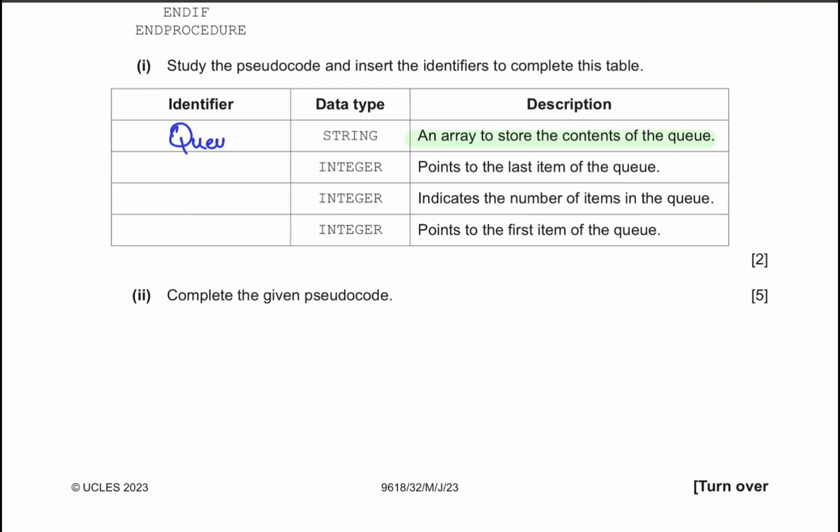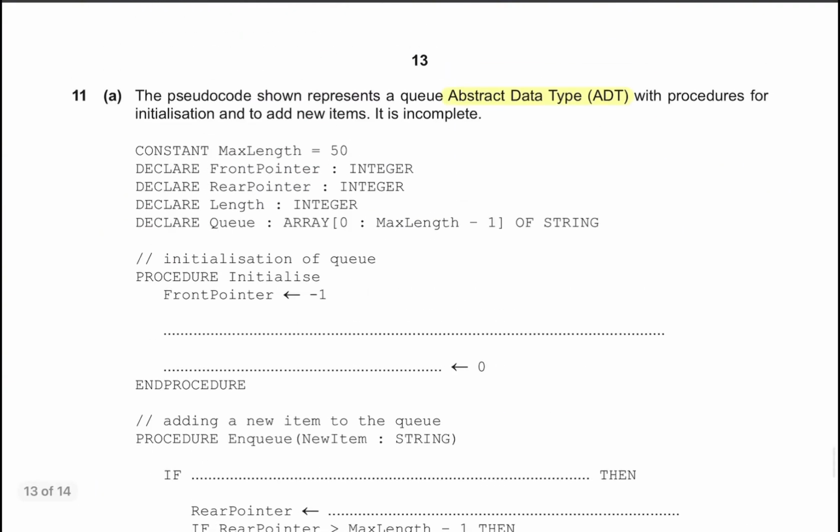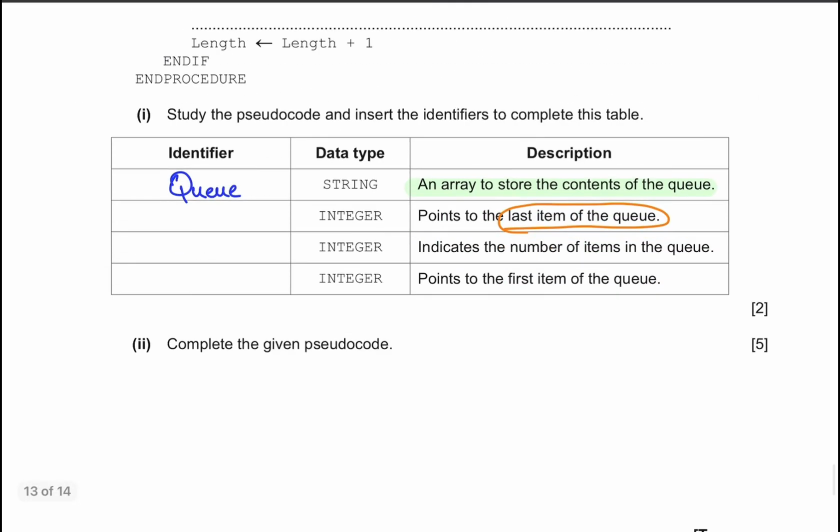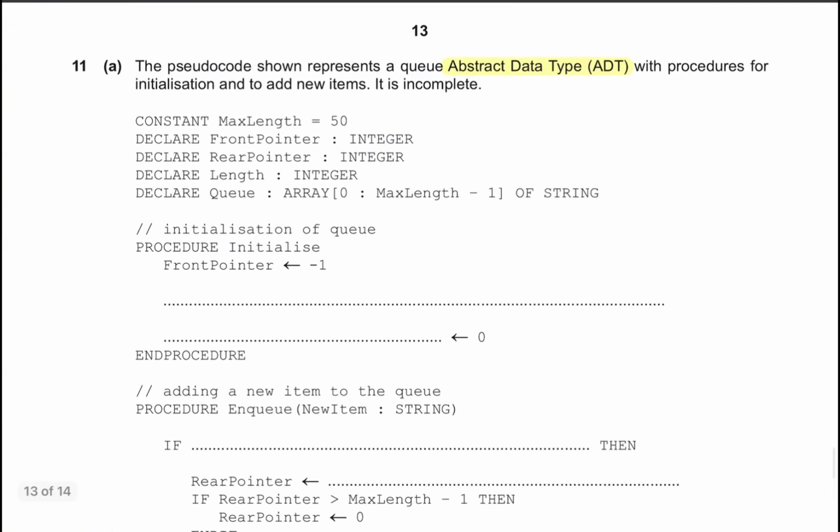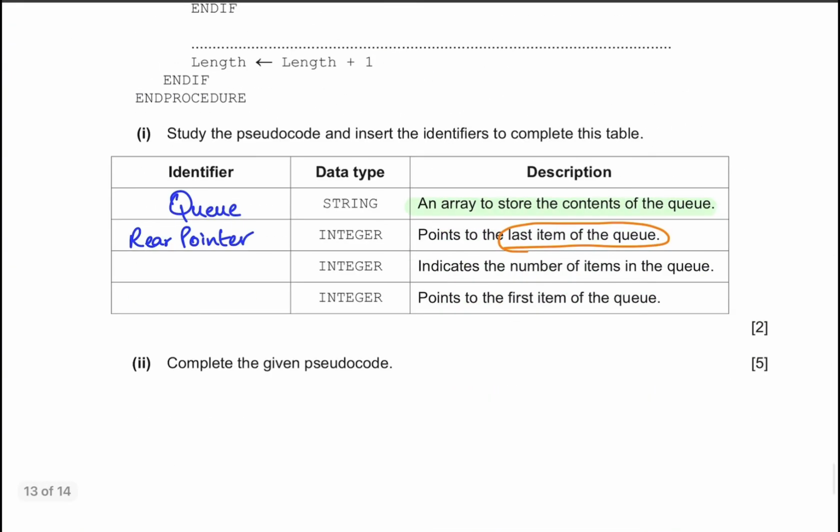This is queue. Points to the last item of the queue. What is that? Rear pointer. Rear means back. Indicates the number of items in the queue: that is length, which is also an integer.